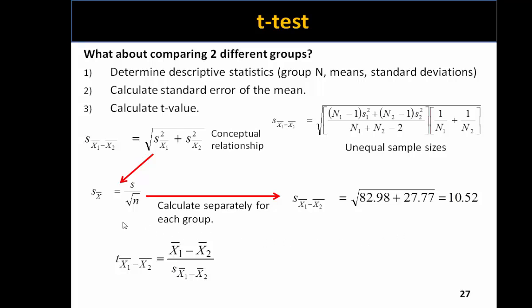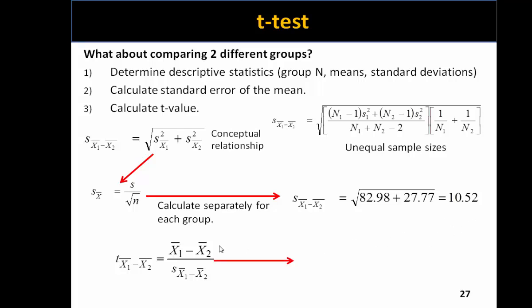We now look up our prescribed equation for calculating the t-statistic for testing the differences between group 1 and group 2. What we need for that equation is the average of group 1, the average of group 2, and the standard error of the mean differences between the two groups, which we just completed in the previous step.